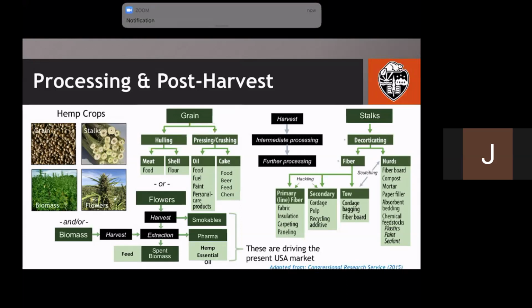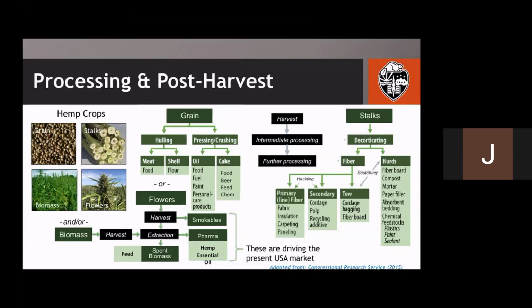And of course, the biomass is seen as whole plant or large parts of it that are also moved through extraction. There are many different end uses of the extracted and processed materials, including feed, and we currently have animal feed trials with post-extraction biomass.